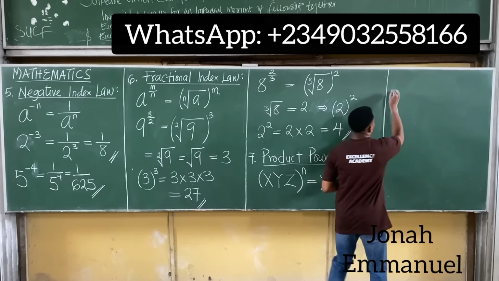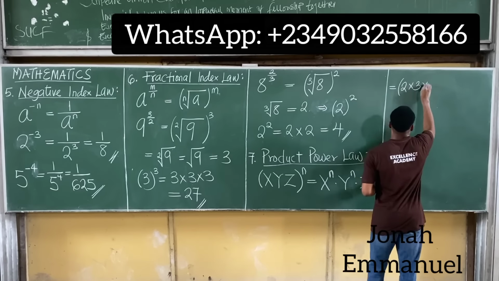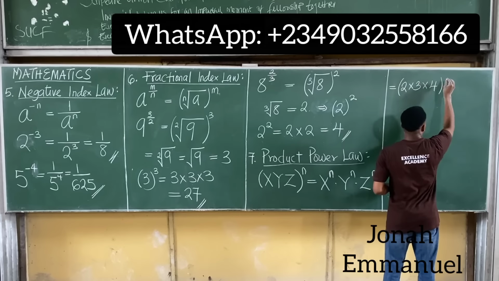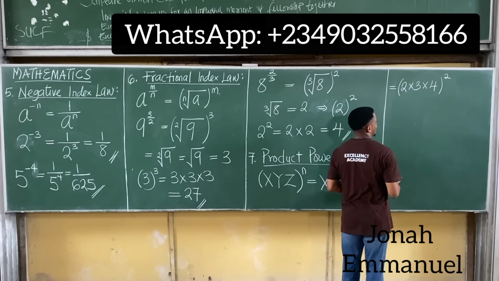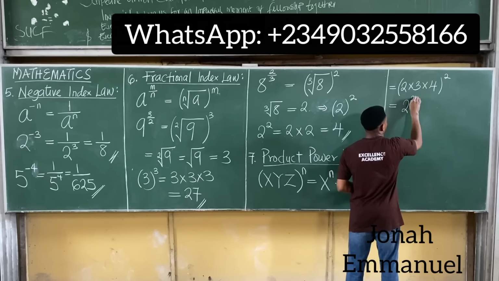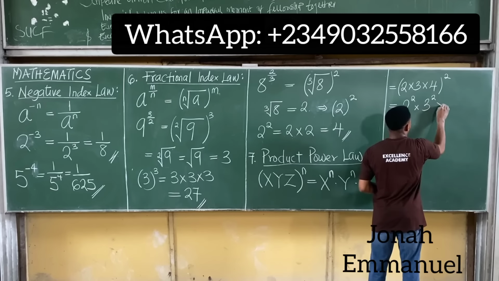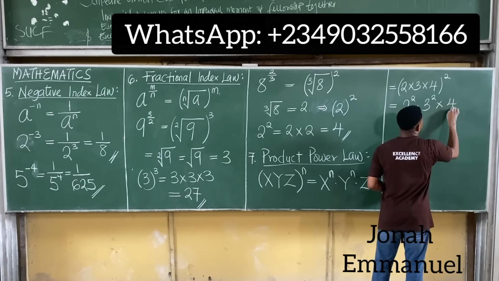For instance, let's say I have something like 2 times 3 times 4, all to power 2. This will be equal to 2 to power 2, multiplying 3 to power 2, multiplying 4 to power 2.